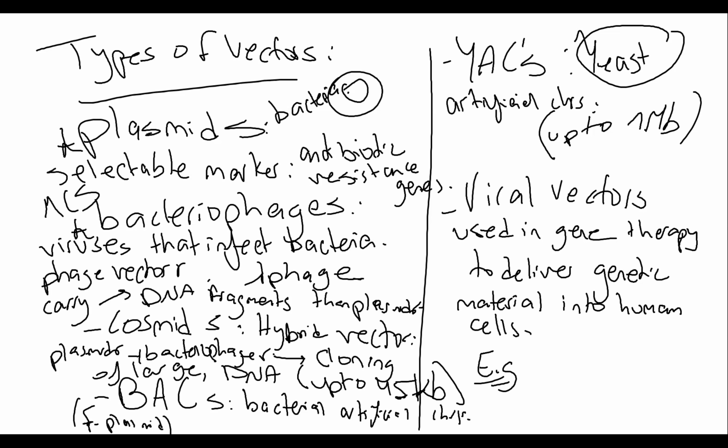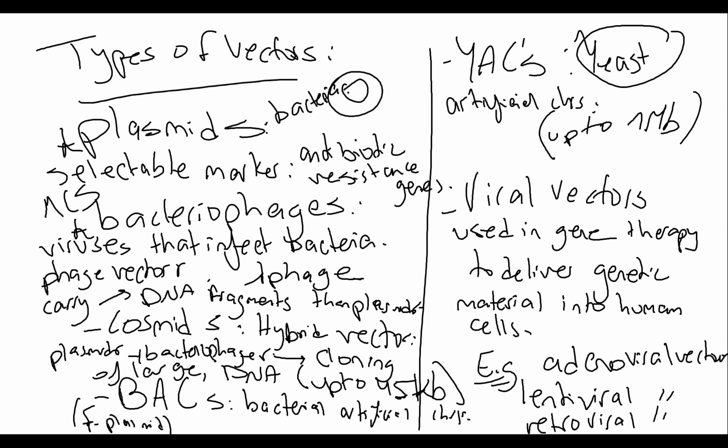Examples: adenoviral vectors, lentiviral vectors, and retroviral vectors. So these are used in gene therapy to deliver this DNA material inside the human.